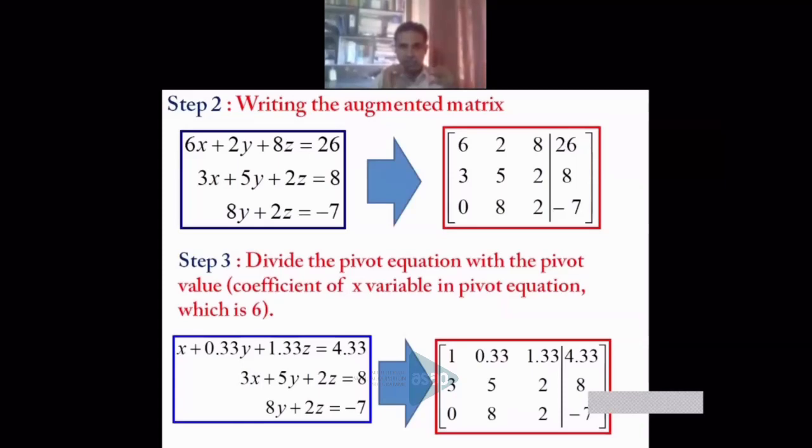When you divide 6x by 6, you get x. That's step 3. In the first equation, the coefficient of x turns to 1 because you divide 6x by 6. 2y by 6 gives 0.33y, 8z by 6 gives 1.33z, and 26 by 6 gives 4.33. The corresponding augmented matrix is what is written on the right also.